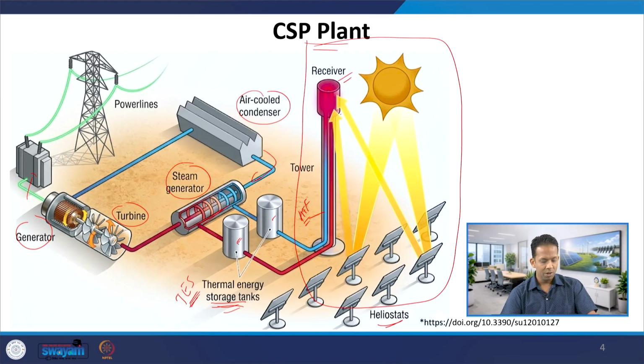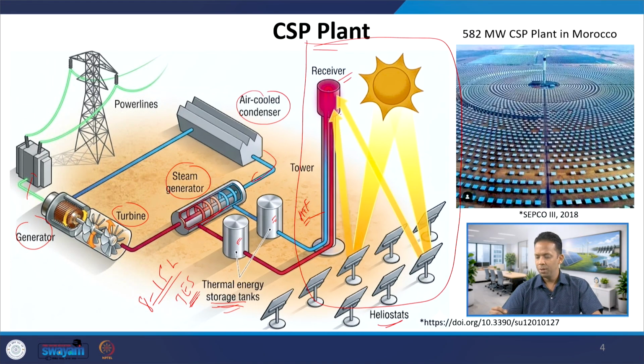It gives us the flexibility to run the power plant even in the absence of sun. The number of hours for which we can store the solar thermal energy varies. It can vary from 8 to 15 hours of storage, depending on the material that we are using to store solar thermal energy.